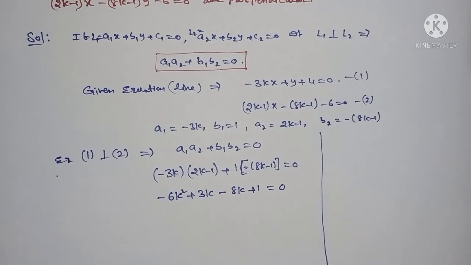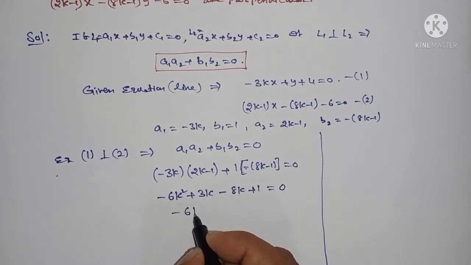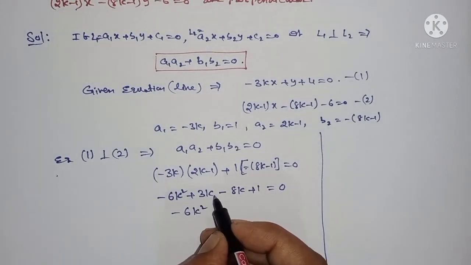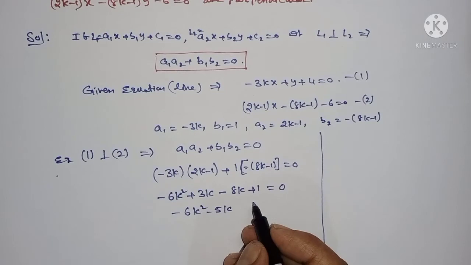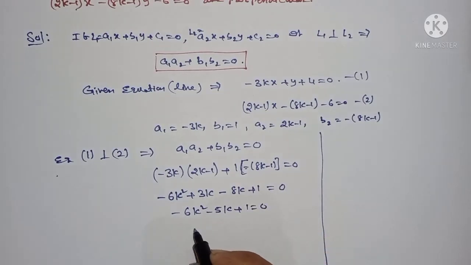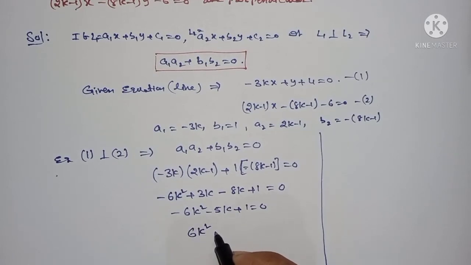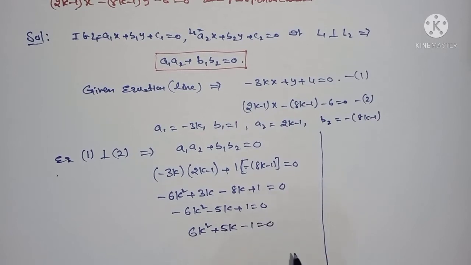Therefore I can write here minus 6k square plus 3k minus 8k, which is minus 5k, plus 1, as it is, equal to 0. You can take the minus common. What happens? That is 6k square plus 5k minus 1 is equal to 0. This is a quadratic equation. How to find the roots?